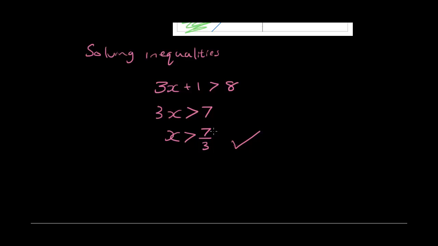Now, if you don't believe me, you can try to substitute this number into x and test it out. So do a quick test. If x is equal to a number smaller than 7 over 3, let's try 6 over 3 for example, because that's smaller than 7 over 3.